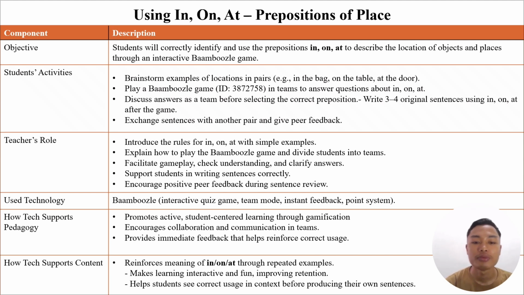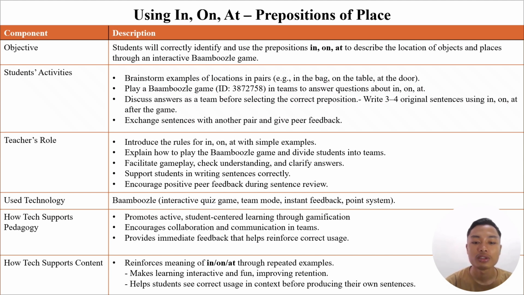Okay, the objective clearly states what students should be able to do by the end of the lesson. In this case, students are expected to correctly identify and use the prepositions in, on, and at to describe the location of objects and places.